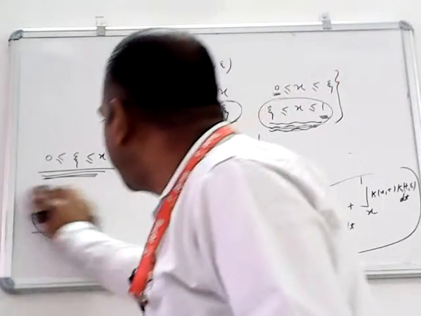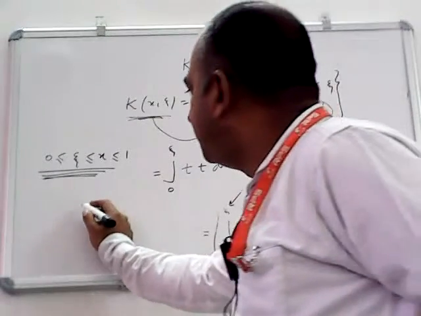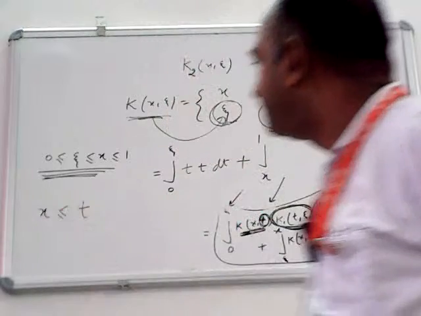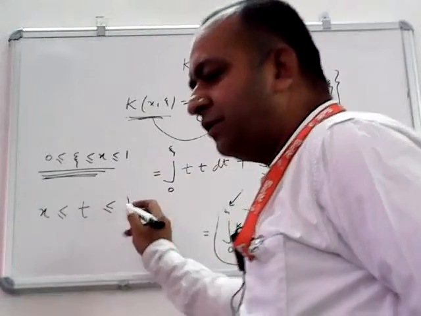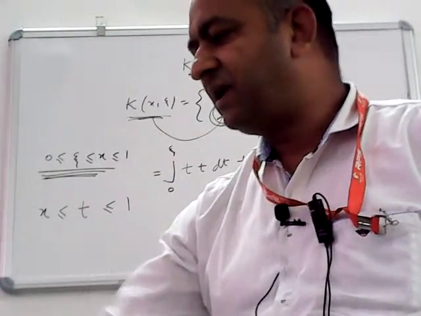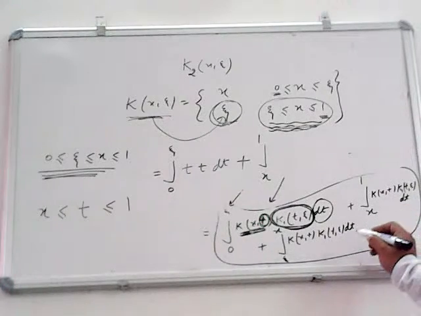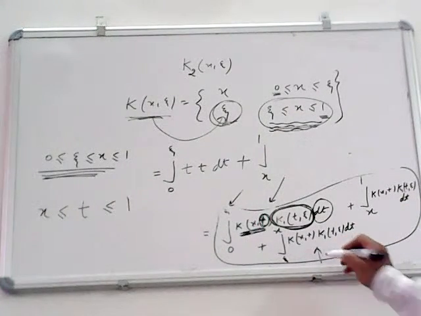Now in the second case, as you can see, t is greater than or equal to x and less than or equal to 1 in this case, because the integration is okay, we are going to calculate this particular limit.